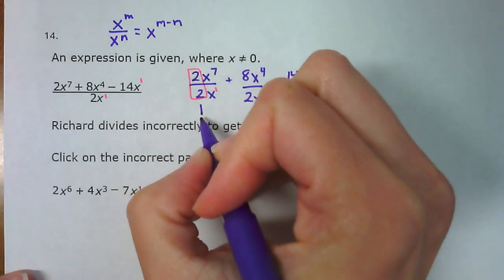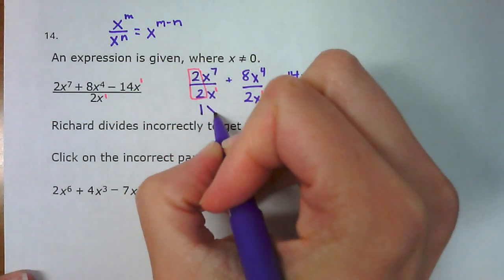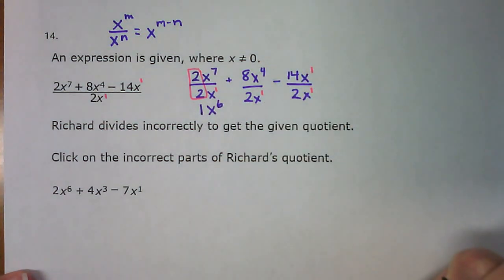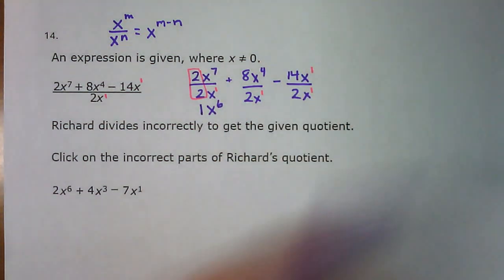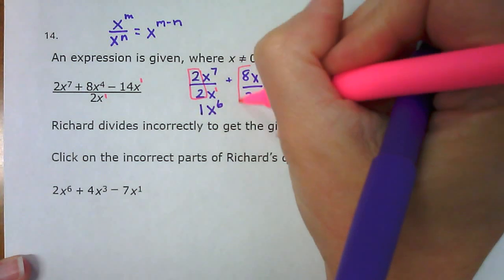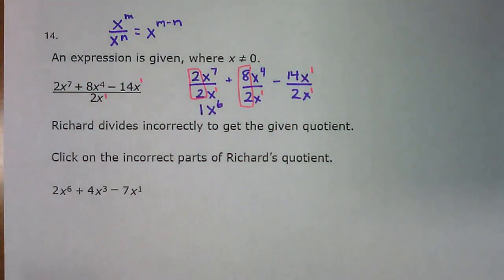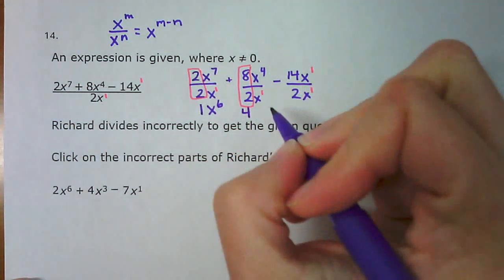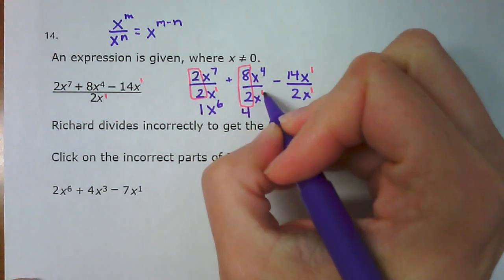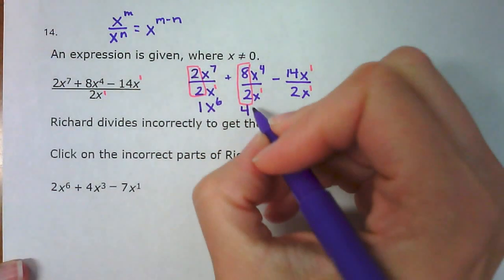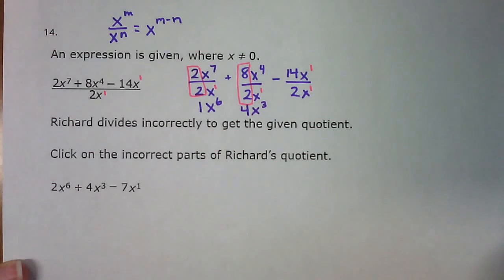So 2 divided by 2 is 1, and then we use our exponent rules here to get 1x to the 6th. Here we have 8 over 2. 8 over 2 will give us 4, and then we have x to the 4th and x to the 1st. So we have to subtract those exponents, and we get x to the 3rd.